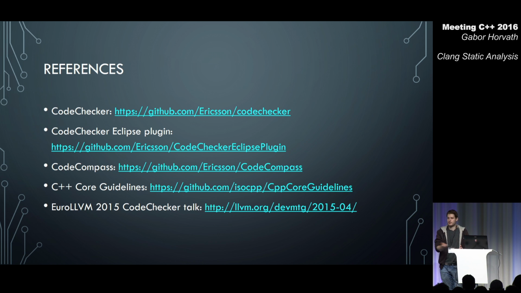And with newer versions, newer checks will be available. So this way you can introduce the rules of the guidelines gradually into your project. So it is not an initial big work, but you always have some time to fix those violations.